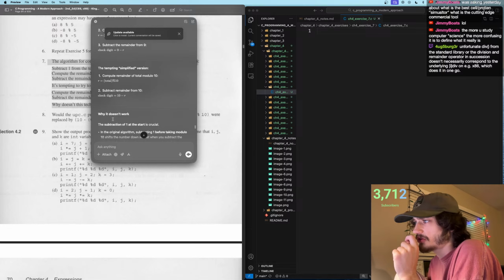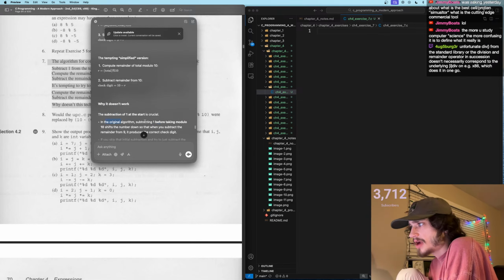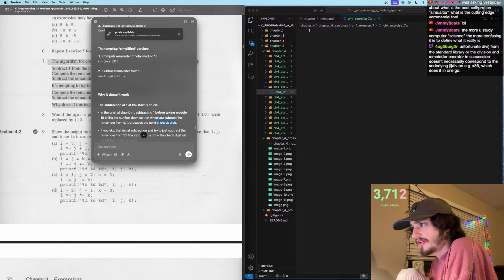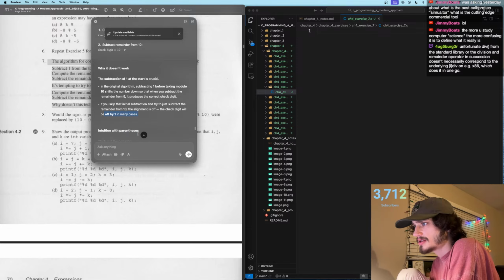Why doesn't this work? The subtraction of 1 at the start is crucial. In the original algorithm, subtracting 1 before taking modulo 10 shifts the number down so that when you subtract the remainder from 9, it produces the correct check digit. If you skip the initial subtraction and try to just subtract the remainder from 10, the alignment is off.